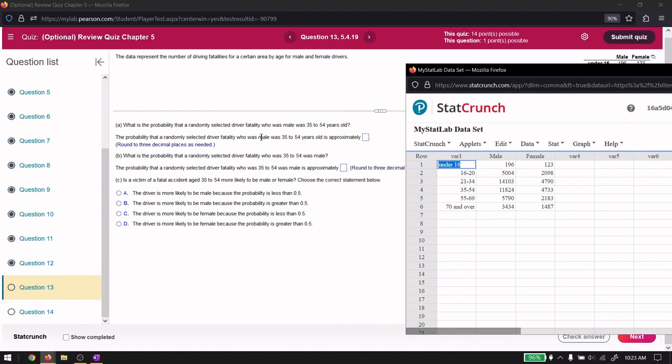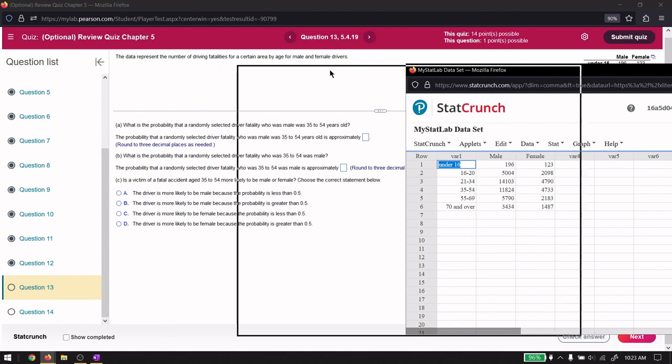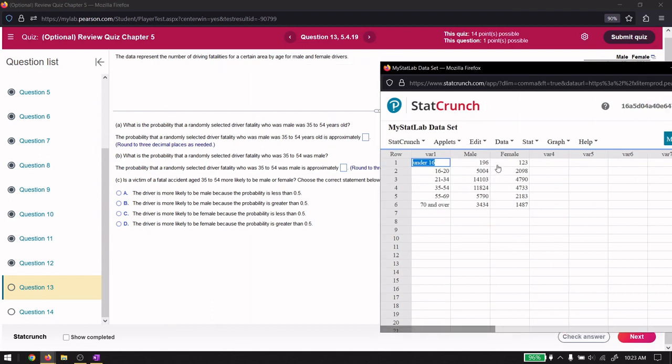First off, we need to know the total fatalities, right? And that's going to be the sum of all these numbers together. And then we're looking specifically for male and 35 to 54. Or no, it says who was male was 35 to 54 years.